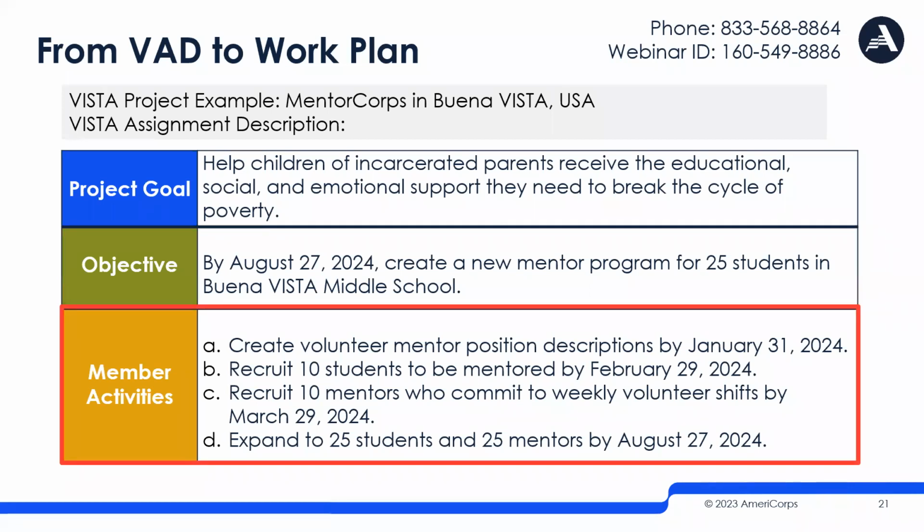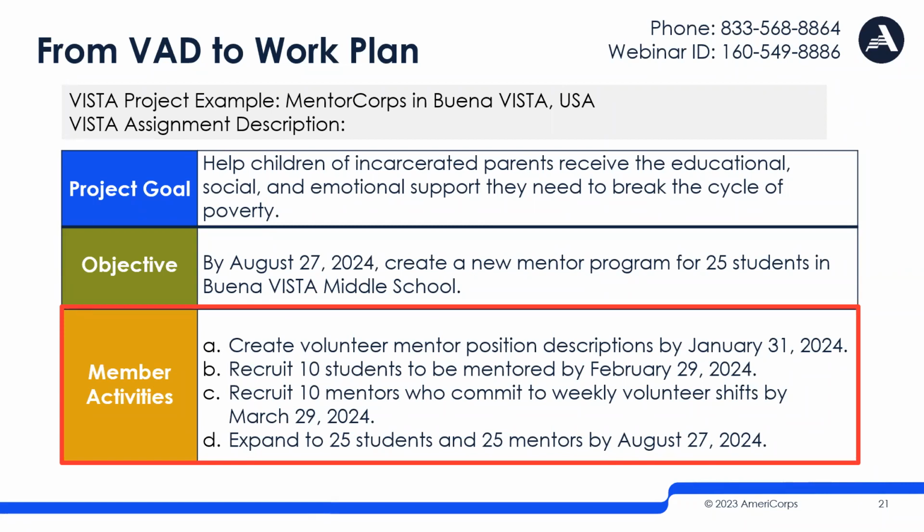They're going to actually recruit students to be mentored. They're going to recruit the volunteer mentors. And then in this example, and the way it's drafted, you can see that the project is planning to first pilot the mentor program at the beginning of the service year and then scale it all the way up to the full service of 25 students, 25 mentors by the end of the VISTA year.